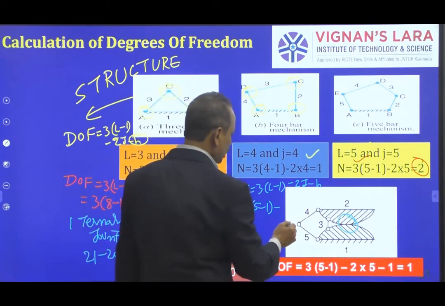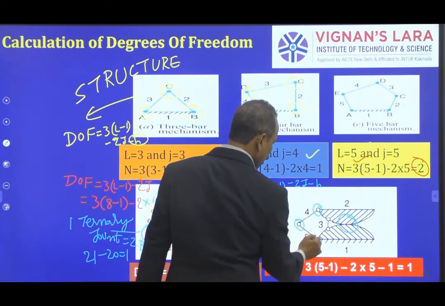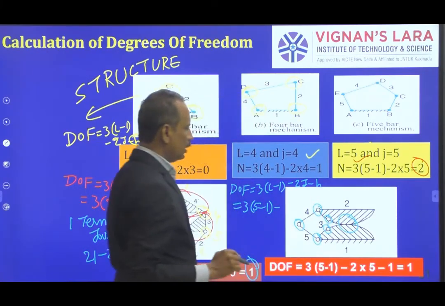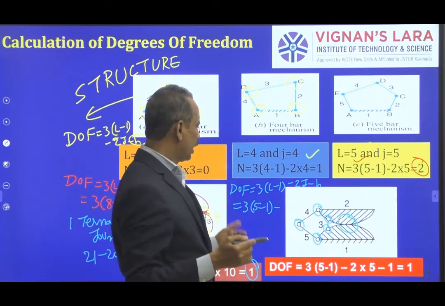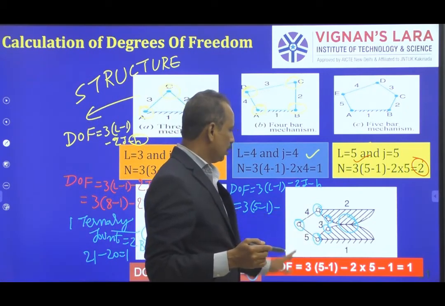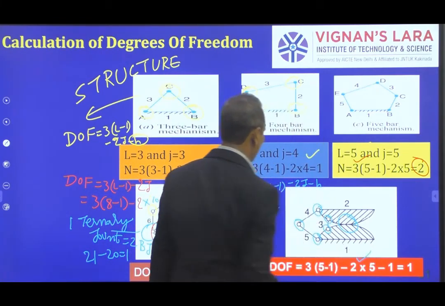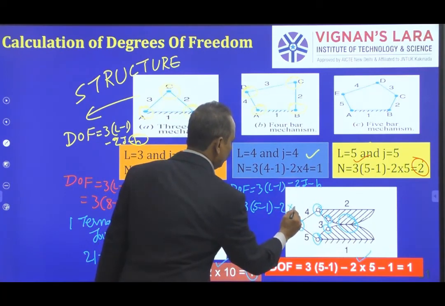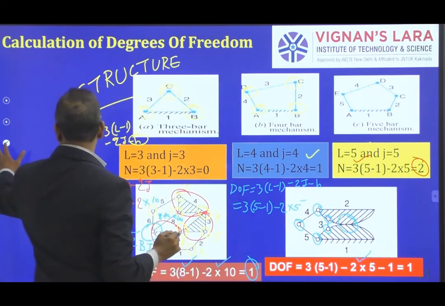And what about all these others? This is a pin, another pin, like pins. These are binary joints because here there is a turning pair. How many turning pairs are there? 5 turning pairs or 5 binary joints, minus 2 into 5. How many higher pairs are there?